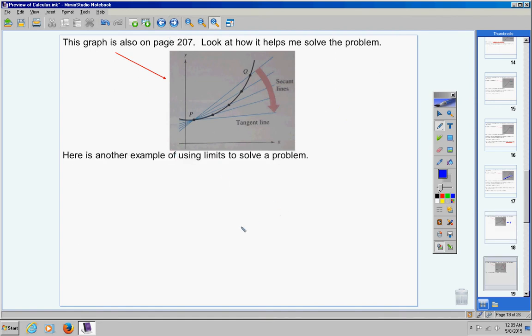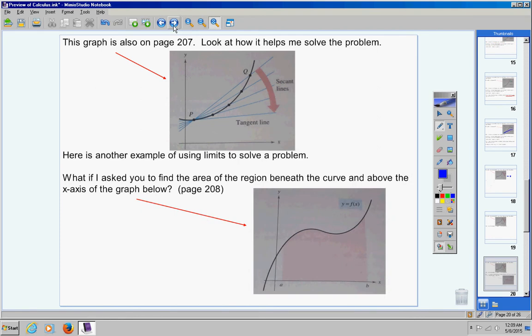Here's another example of using limits to solve a problem. So please watch this very carefully. What if I asked you to find the area of the region beneath the curve of this graph, this pink shaded area right here? What if I asked you to find the area of this region that's beneath the curve, but above the x-axis?